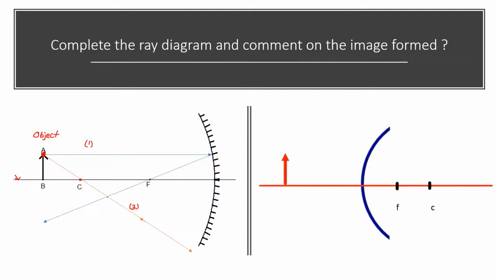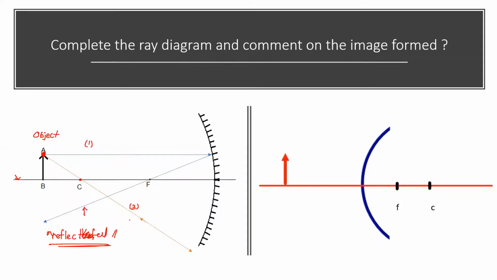So image is formed where these reflected lines, so this is very important, reflected. So you are interested in reflected. Where the reflected lines intersect. So this is a reflected line, right?